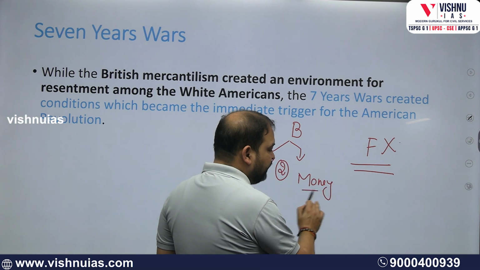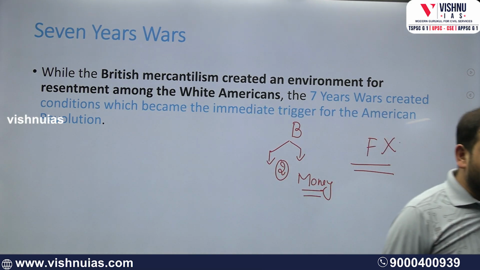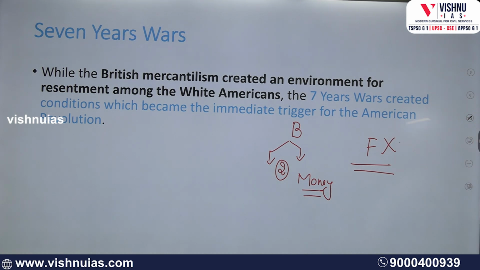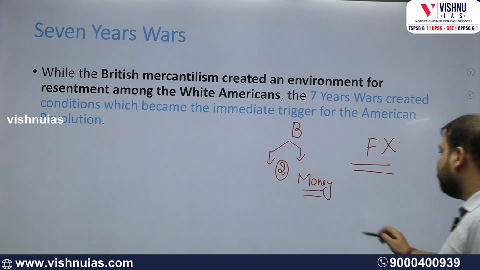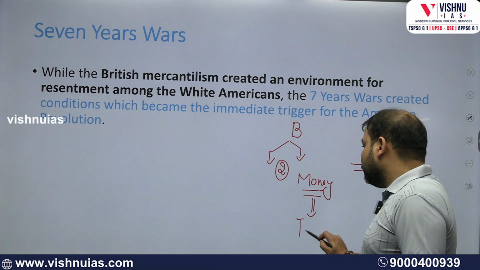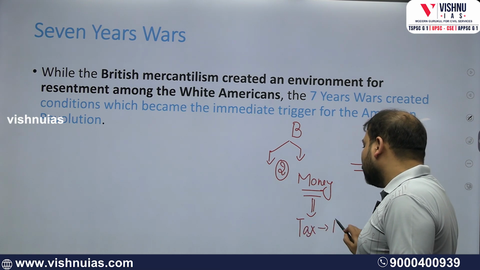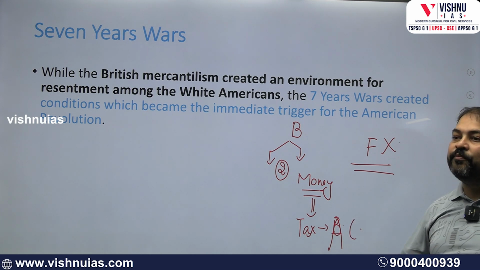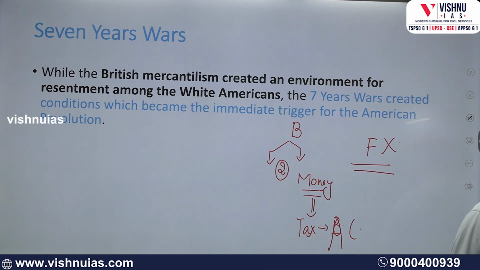We just now studied, to finance the 7-year war, the Britishers had taken huge amount of loans. Now invariably they have to repay that loan. That is one challenge of theirs, for which you will see they will put taxes on American colonies, which would be one major irritant.